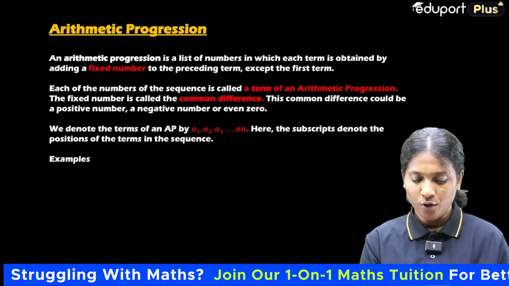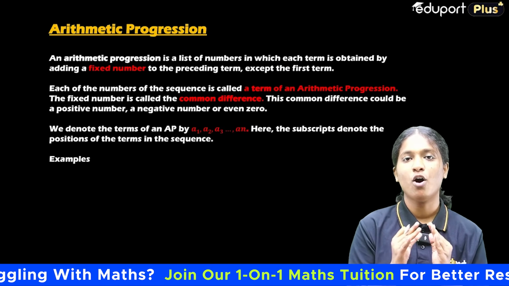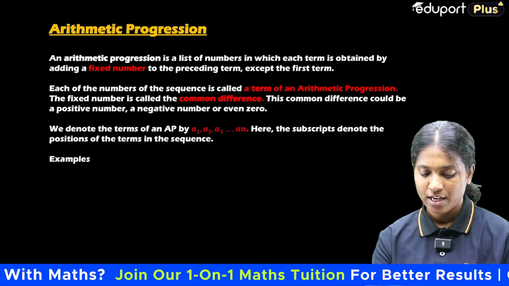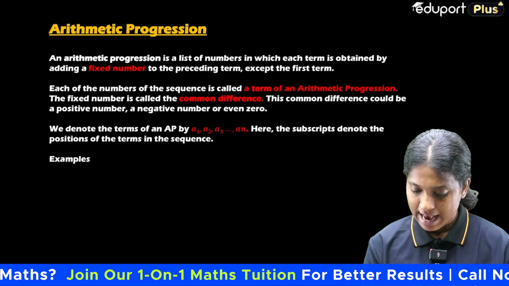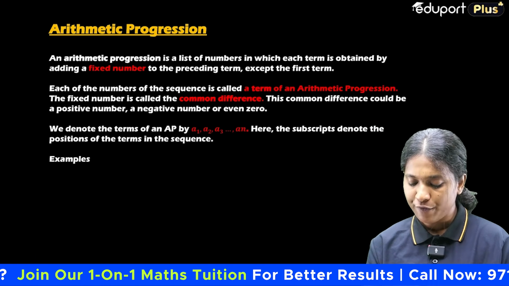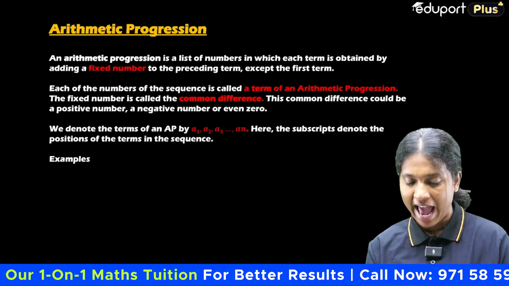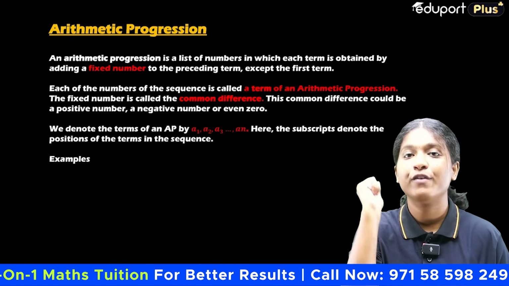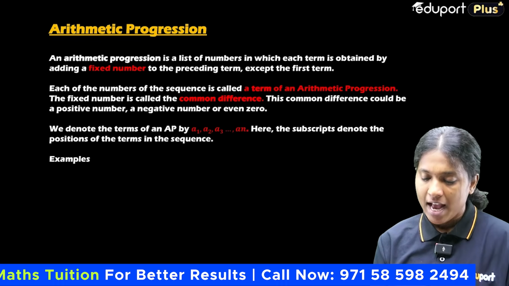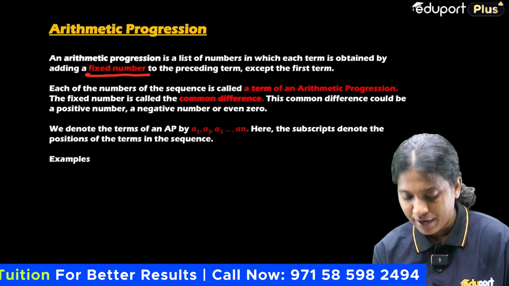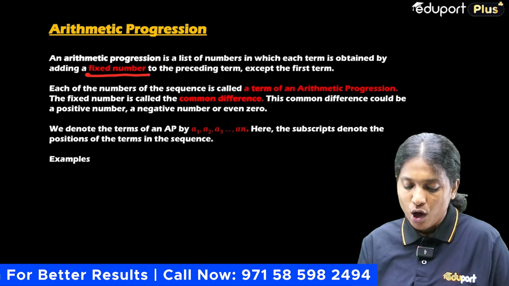Alright, now we are recalling all of the things that we have learned. So, an arithmetic progression is a list of numbers in which each term is obtained by adding a fixed number. That fixed number is called the common difference.